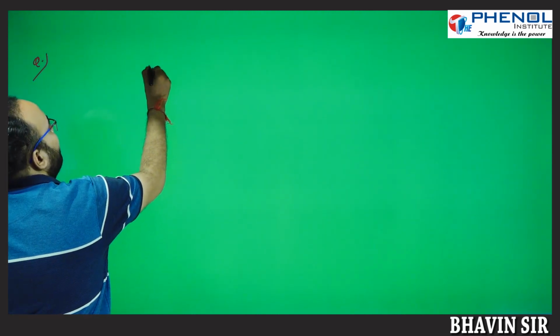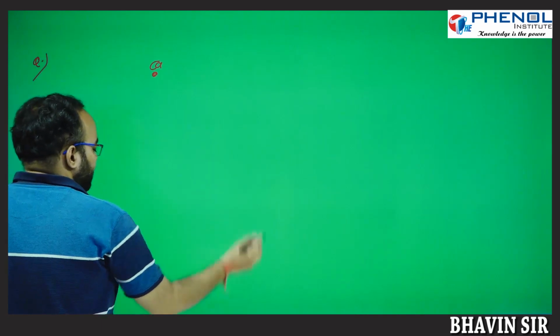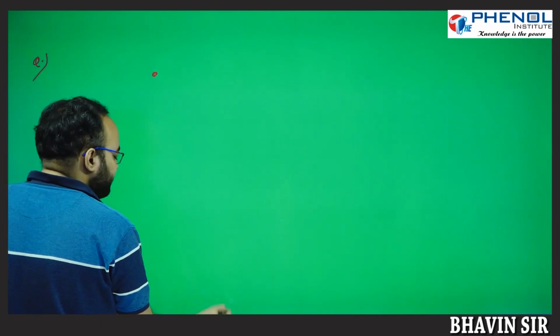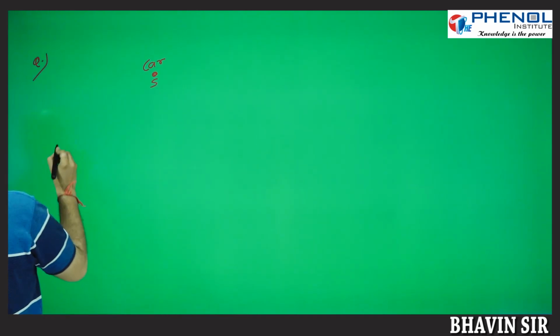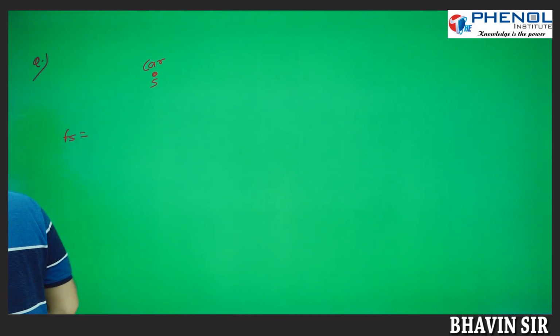Now see one question. A car is sounding its horn of frequency 480 hertz. Chalo, so this is the car. Now the car is the source, and what is the frequency of the source? 480 hertz.